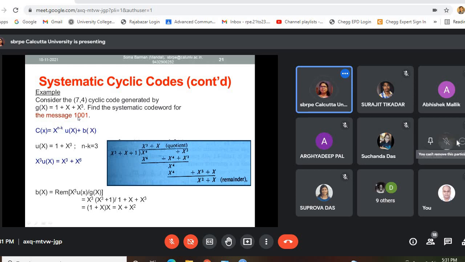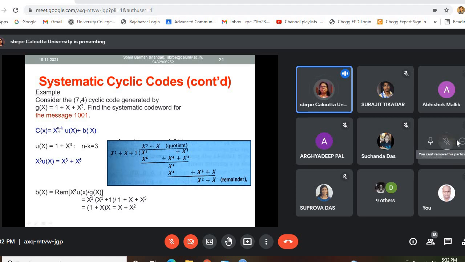If I say this is your LSB and this is MSB, then 1 into x to the power 0, that is 1, plus 0 into x to the power 1 means 0, plus 0 into x to the power 2 also 0, plus 1 into x cube. So you are getting 1 plus x cube. Ux is 1 plus x cube.